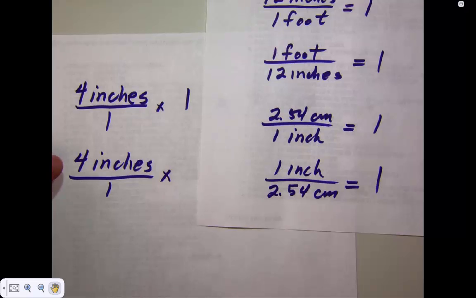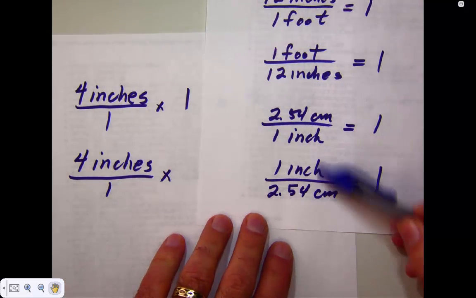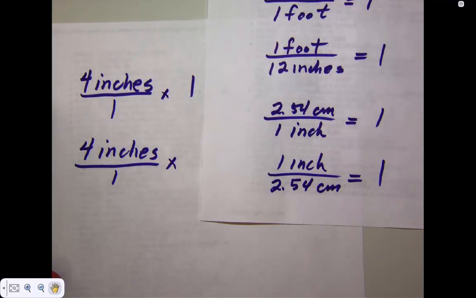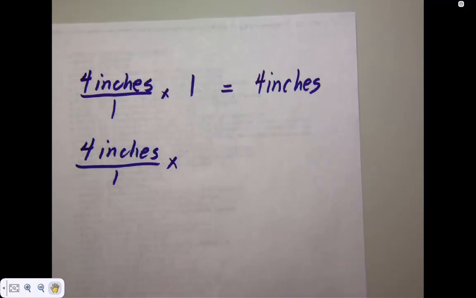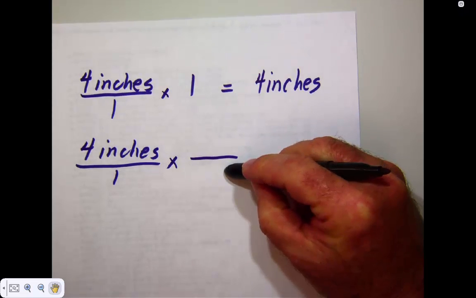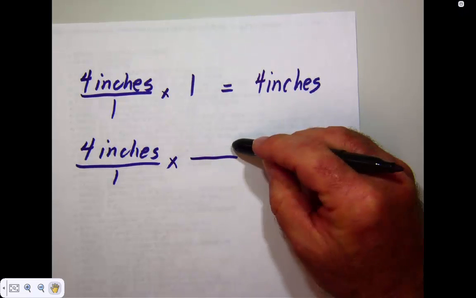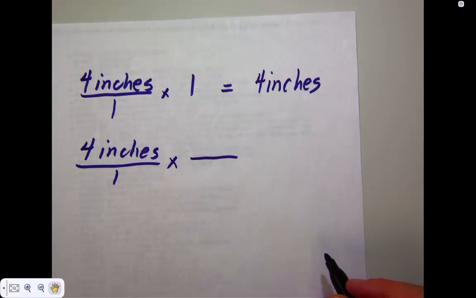What we're simply going to do now is go over here to our problem about the 4 inches, and pick one of those two conversion factors to multiply the 4 inches by, and we'll do that in a very special way. We will do that in such a way that when we multiply by this fraction, which is equal to 1, we will put the inches on the bottom, because we want those inches to go away. We want to keep the answer in centimeters.